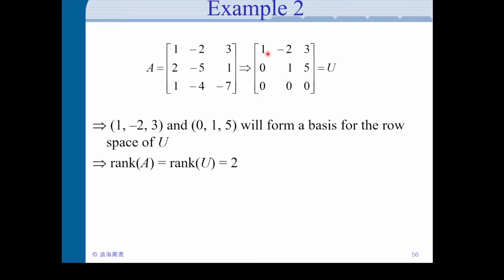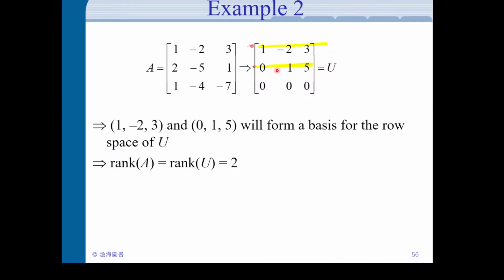This row echelon form has two non-zero rows, so 1 and 2. So we have 2 rows here, and we know the rank of A equals 2. You want to show these two rows are linearly independent.